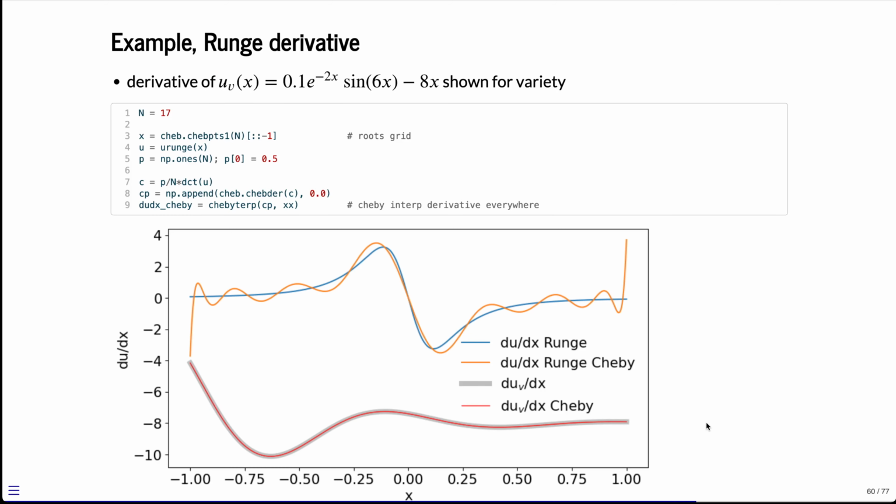Okay, so now we have the C. Then we can take the Chebyshev derivative of C and append 0 to it, and then we can interpolate the function everywhere, on the big grid of all x values that we defined in the previous presentation in the boilerplate.